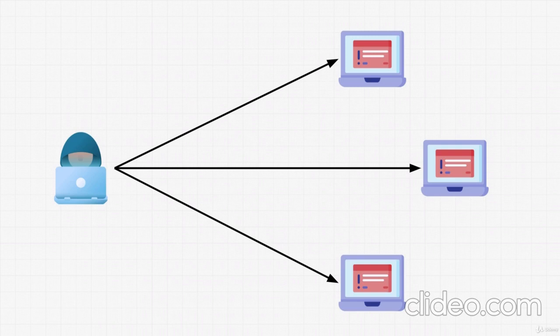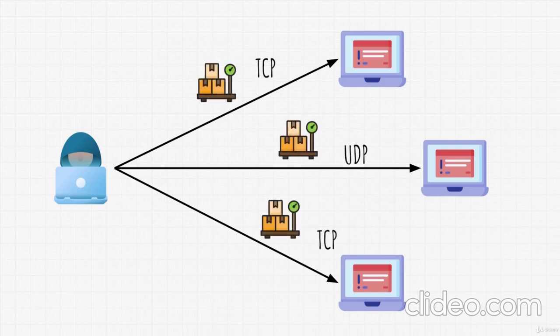What we will be sending to the target are TCP and UDP packets. TCP and UDP are just protocols that are used for sending bits of data, also known as packets. We will discuss them in a little more detail in the next video. For now, just think of them as different communication protocols that will allow us to get information from our target.